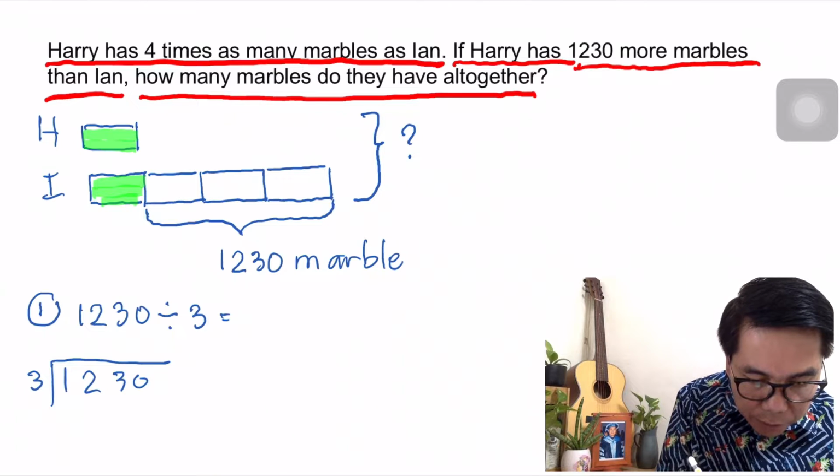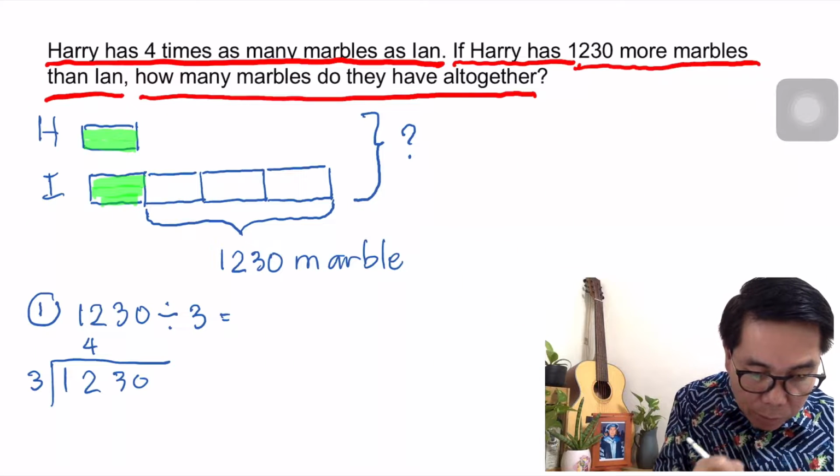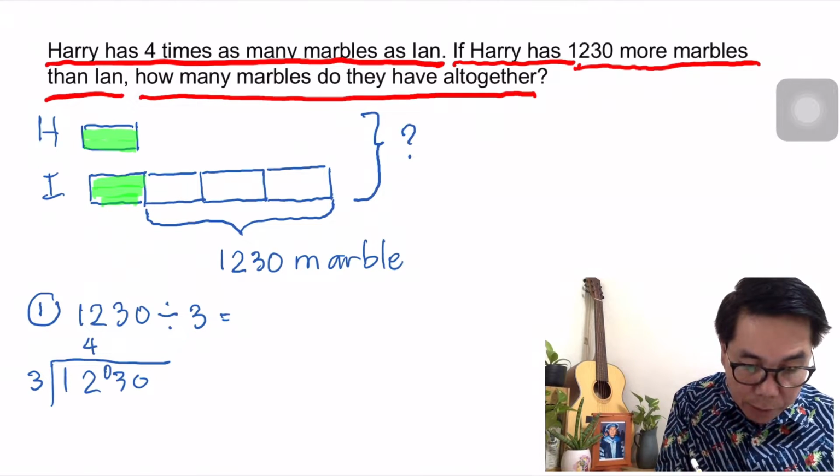So 12 divided by 3 is 4. 4 times 3 is 12. 12 minus 12 is 0. So we have now 3. 3 divided by 3 is 1.